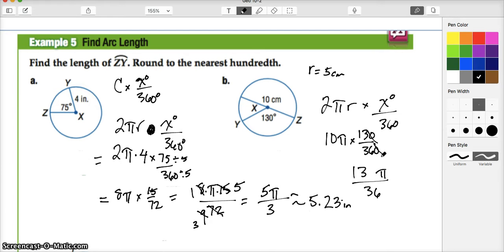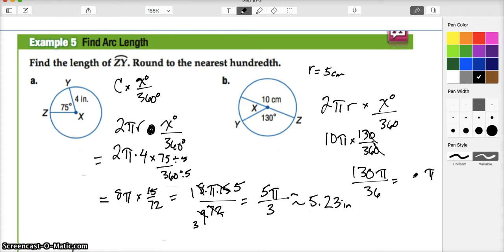So I divided the top and bottom of the fraction by 10 just to reduce it, and that's as much as I can reduce this. I'm multiplying by the 10, so I get 130, but the 36 is still down at the bottom by itself. And now I realize, oh, okay, I can reduce this further, and that's how you would leave your exact answer, by reducing it as much as possible.